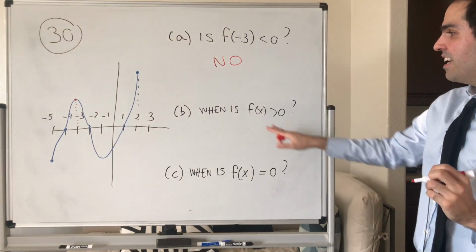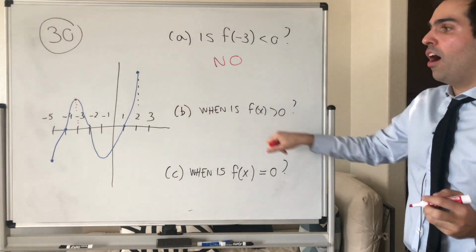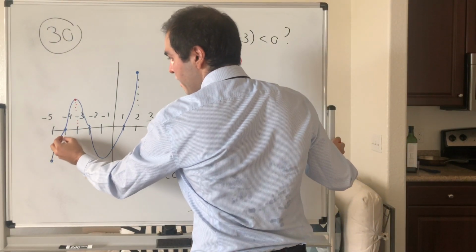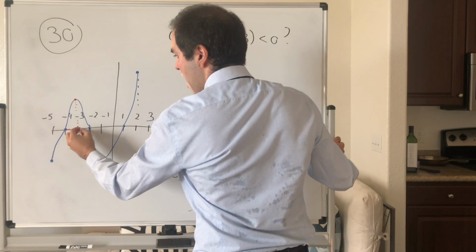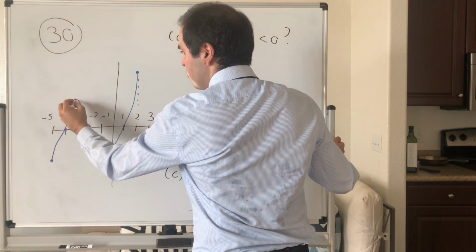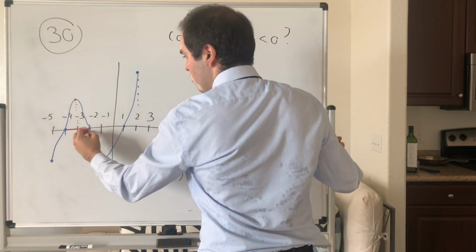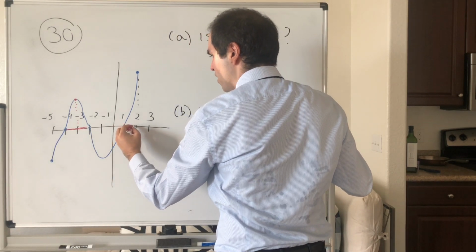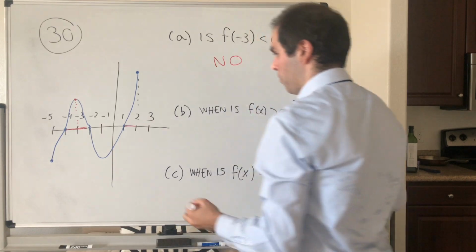And then the next question is, when is f positive? Well, look, here f goes from negative to 0, and then it's positive, positive, positive, 0, negative, negative, negative, negative, negative, and then positive again, up to 2.